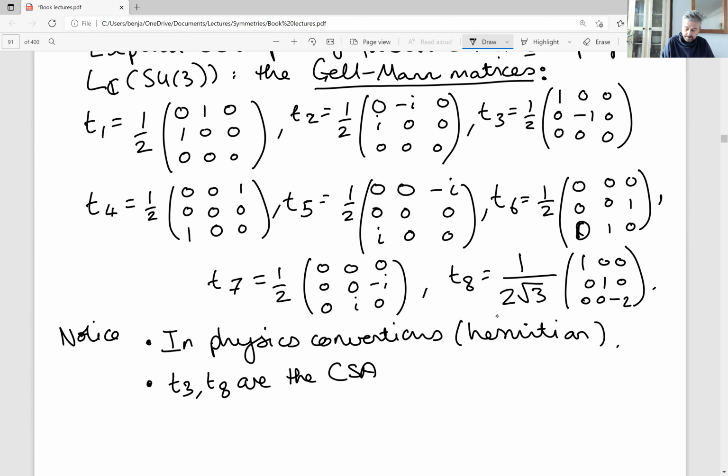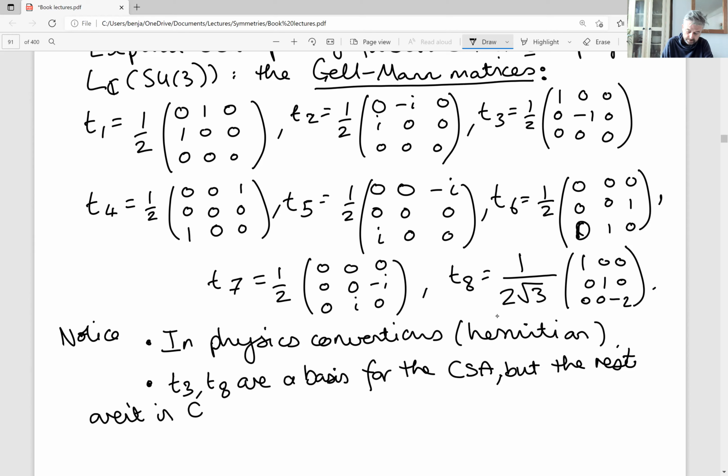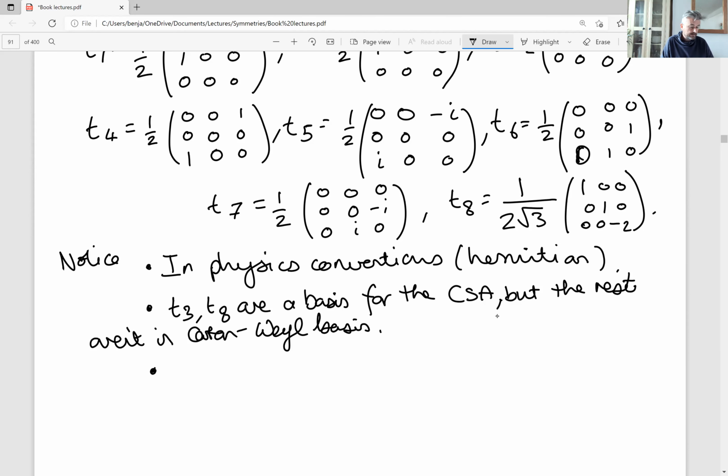But the rest are not in the Cartan-Weyl basis. They are in an adapted basis.